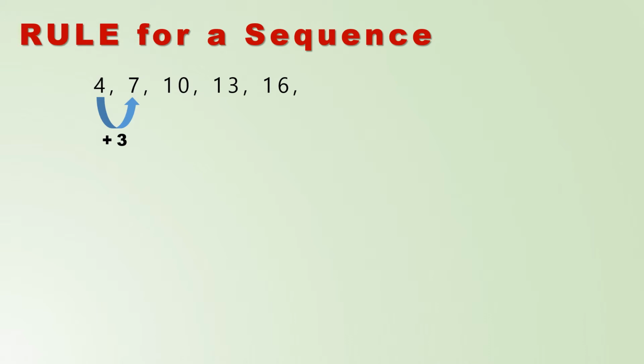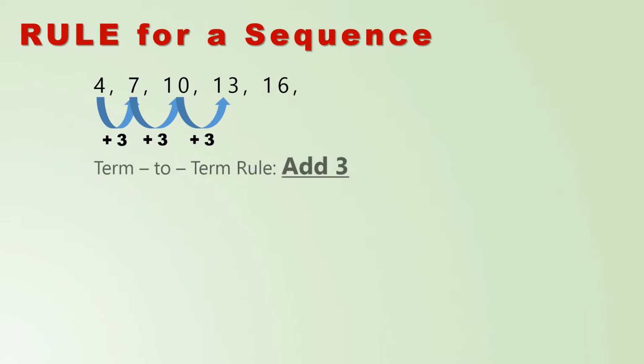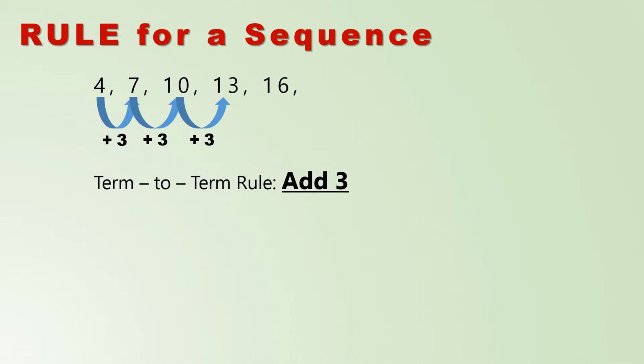In the same way, after 7, its next term is again obtained by adding 3. Again, adding 3 to number 10, the next term in the sequence is obtained. So, the term to term rule or the specific pattern of the sequence is adding 3.